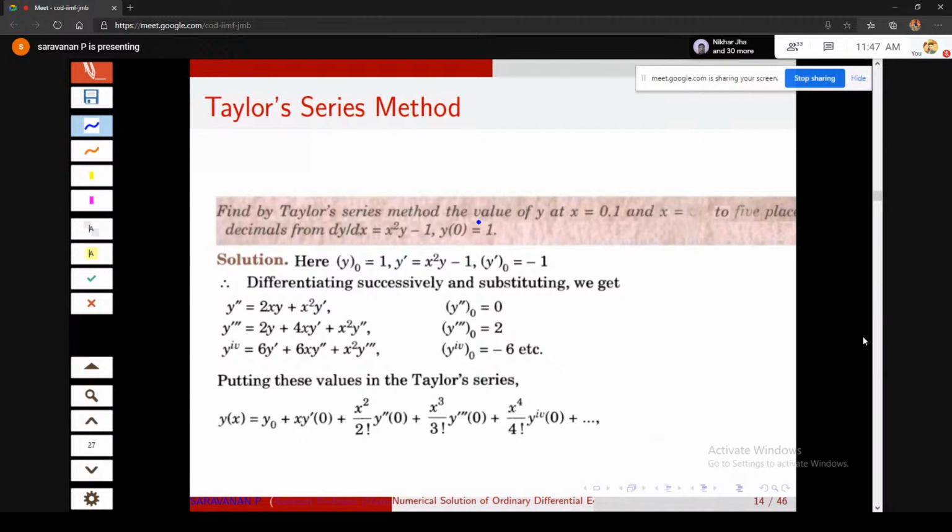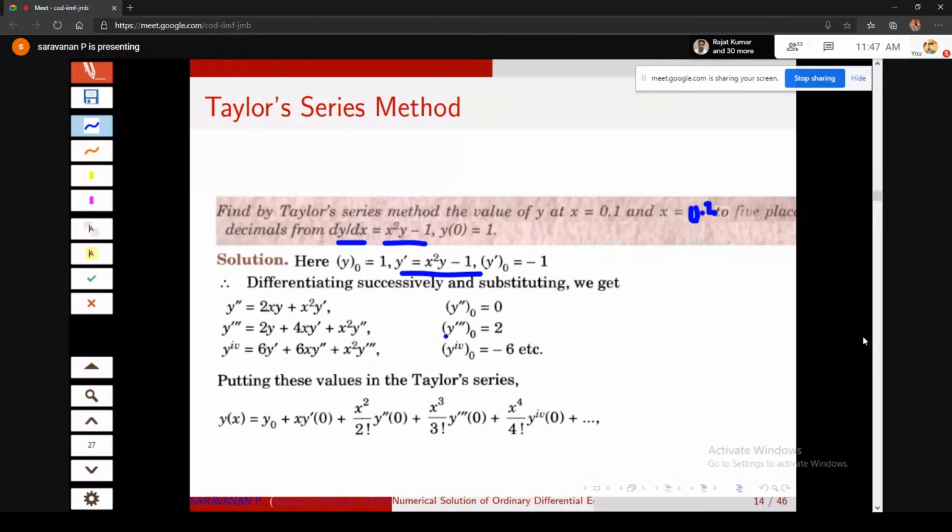So now you take this problem. Find by Taylor series method the value of y at 0.1 and at 0.2, correct to 5 places of decimals from this equation. Okay. So this is dy by dx equal to f of x comma y. So y prime equal to x square y minus 1.